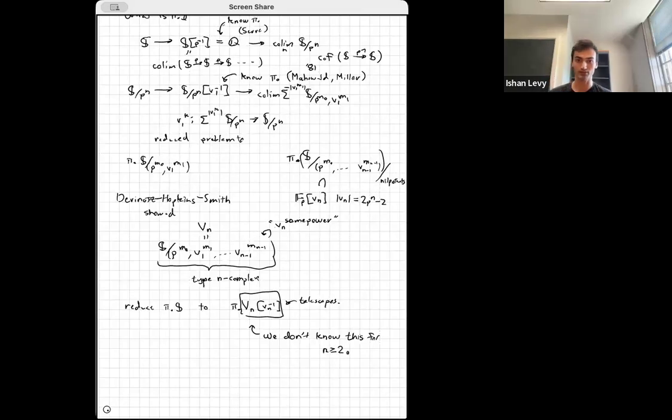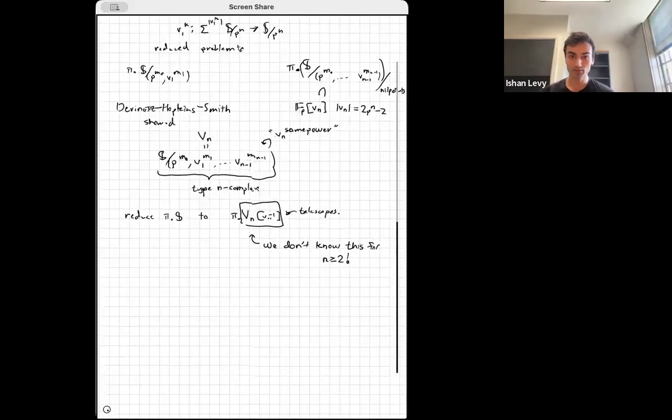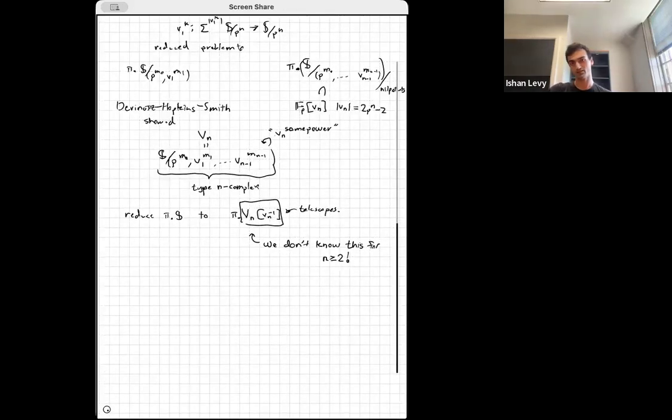So for n at least 2, we don't know this. And so the telescope conjecture is a conjecture that was made by Doug Ravenel to try to understand, well, one way to interpret it is it's a prediction as to what these homotopy groups should look like.